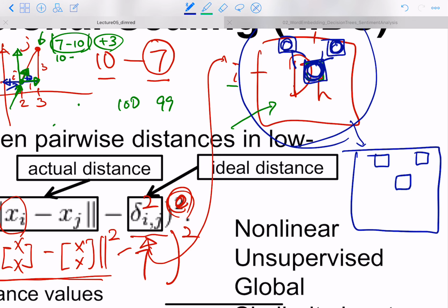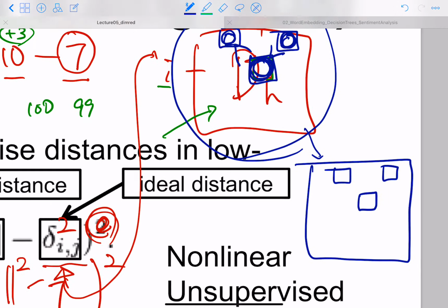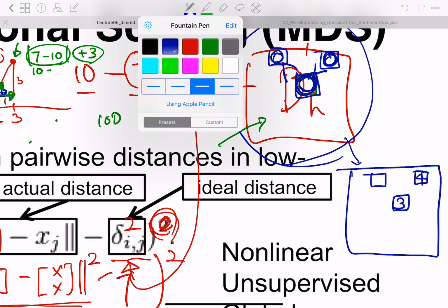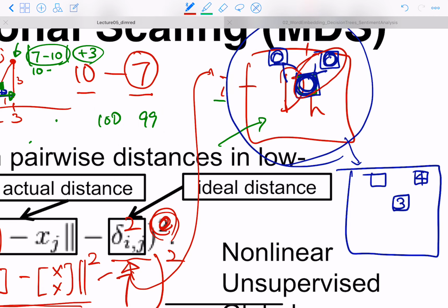Okay. So in this case, suppose this distance is 3, and this one has a distance of 4. Does it satisfy our constraint, or inequality, given over here? It satisfies the inequality, right? Because 3 is smaller than 4, so we are completely okay. But let's say it is 5 over here.